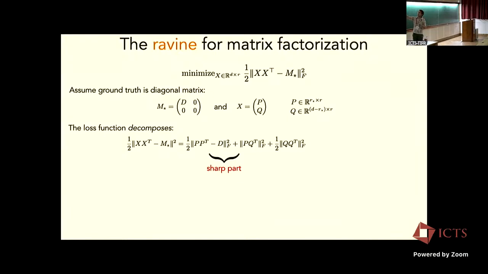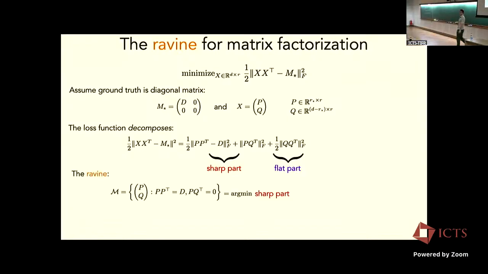The second term, we're going to call the flat part. From this decomposition, you can get the ravine. So the ravine itself is just the set of minimizers of the sharp part, okay? This is the part that you grow quadratically towards. And the flat part is exactly a pure coordinate function, right? So it's literally just like x to the 4th. It looks like the single variable x to the 4th function we were looking at before.